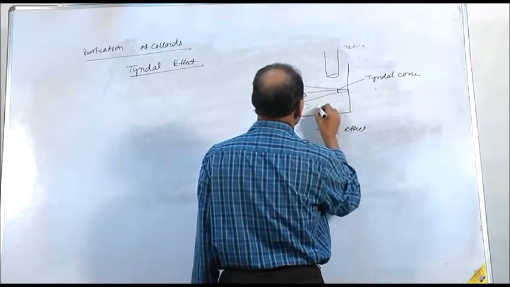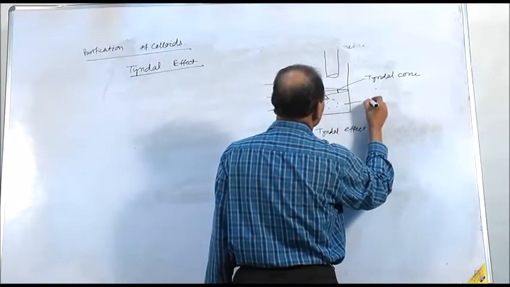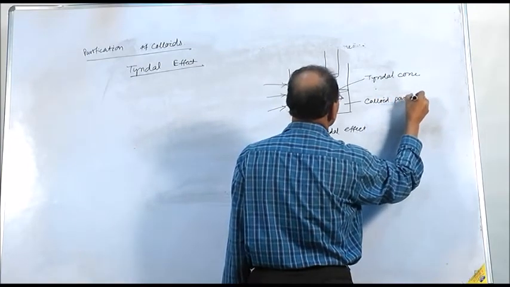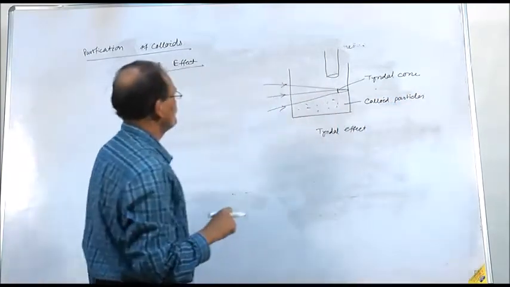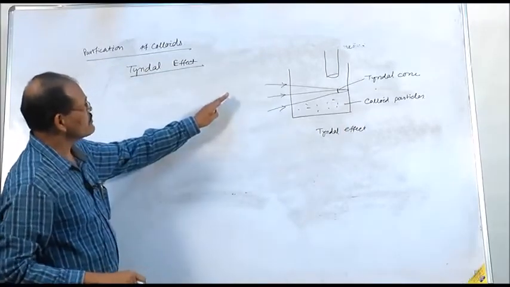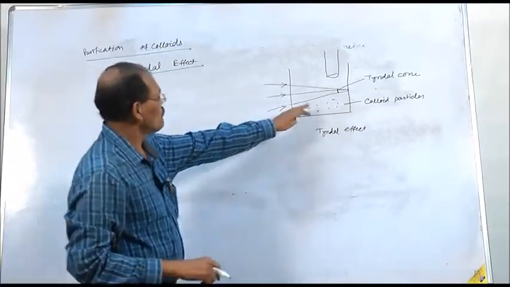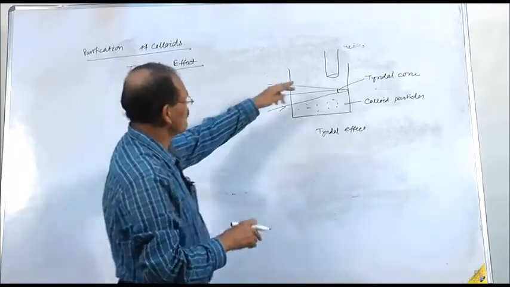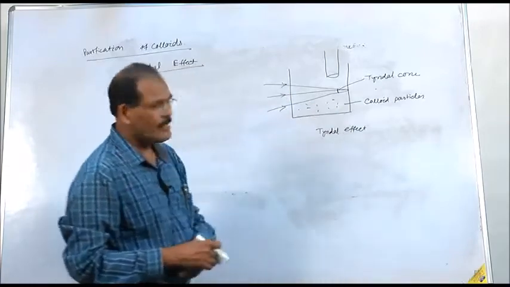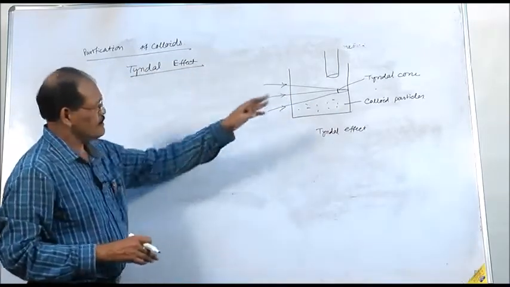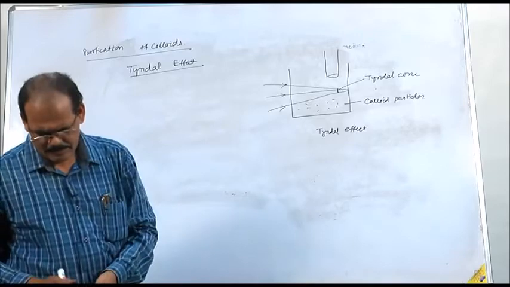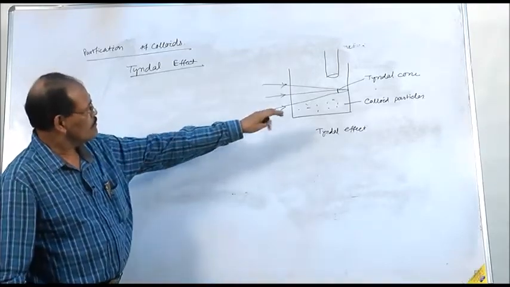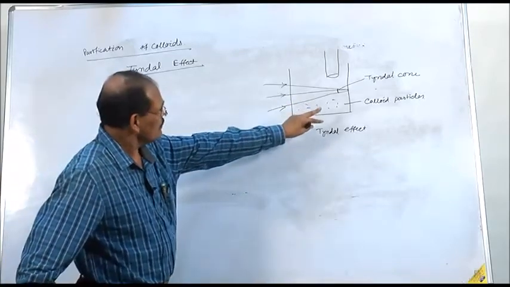And these are of the colloid particles. What happens is that whenever light is passed through the colloidal solution and observed through the microscope perpendicular to the incident light, the light gives scattering on the particles.